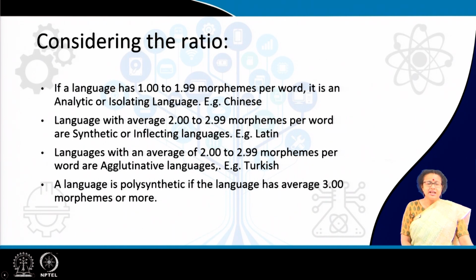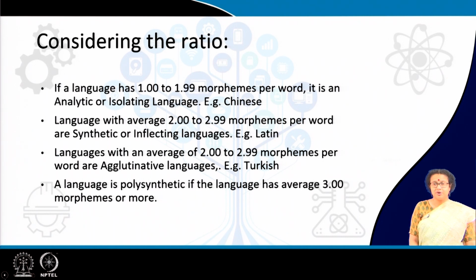If a language has 1 to 1.99 morphemes per word, we can say it is an analytic or isolating language. An example is Chinese. If you remember the Chinese data, we had very small morphemes which occur in isolation. Languages with an average of 2 to 2.99 morphemes per word are known as synthetic or inflecting languages, like Latin.